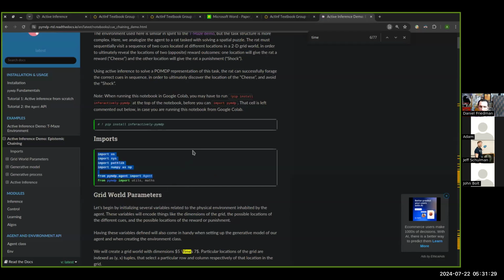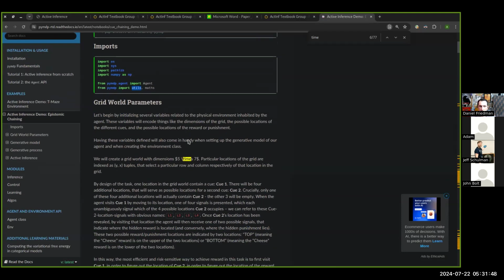First, like many other Python scripts, different packages are imported. Those can be core packages or other broad packages like NumPy. And it also includes specific functionality from elsewhere in the PyMDP package.